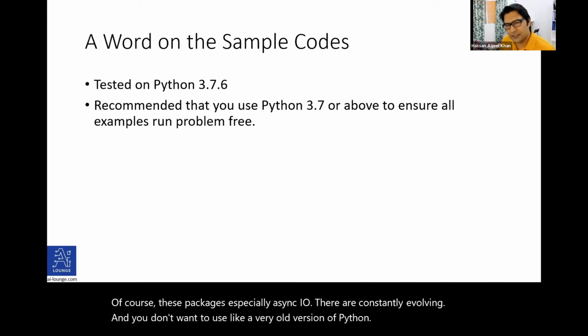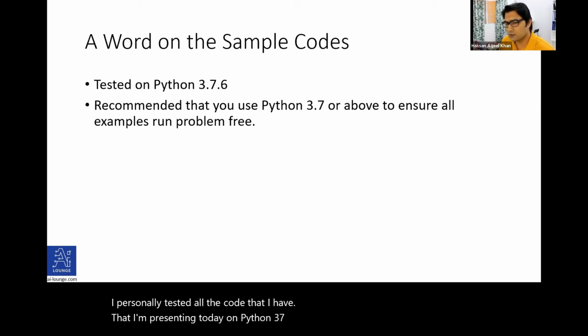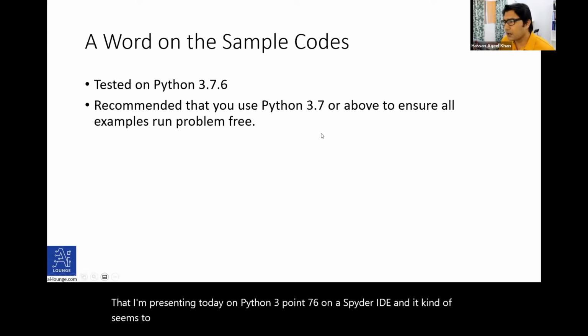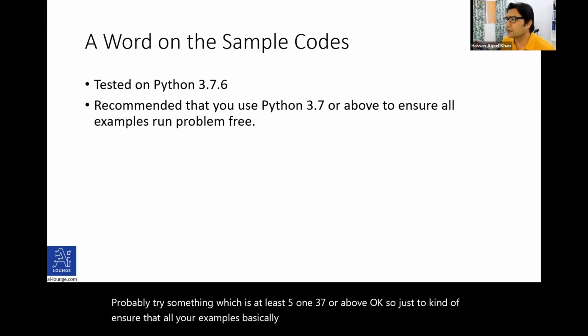I have personally tested all the code I'm presenting today on Python 3.7.6 on the Spyder IDE, and it seems to work really well. So if you're going to be using the code, I would recommend trying Python 3.7 or above, to ensure that all your examples run problem-free.